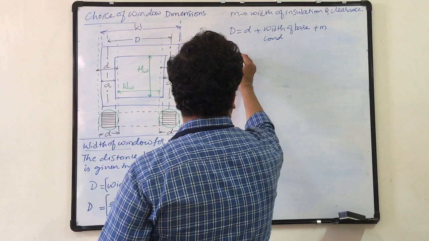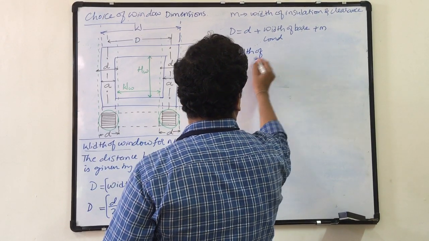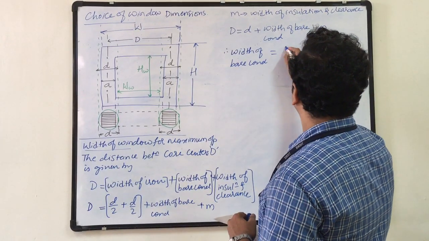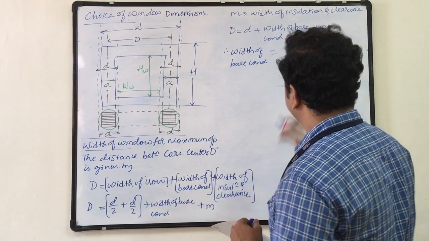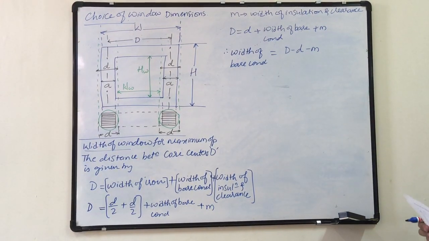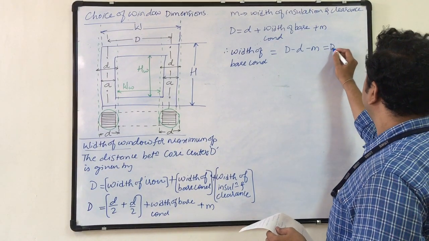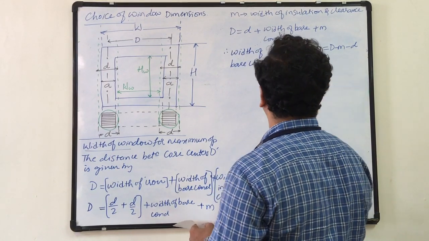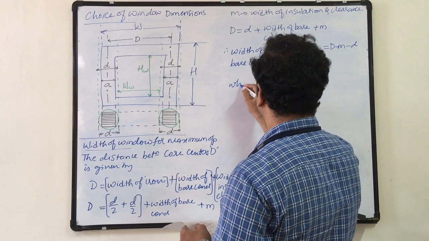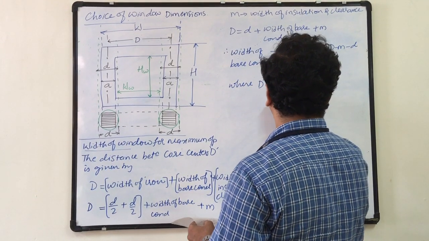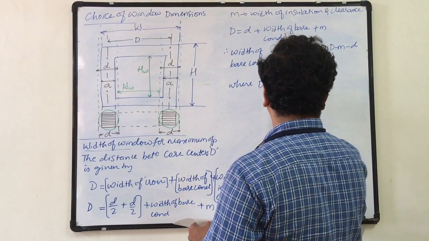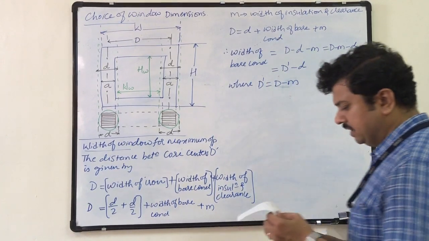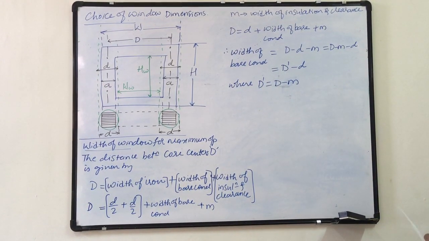Now therefore width of bare conductor is equal to D minus D minus m, or I will write D dash minus D, where D dash is equal to D minus m.